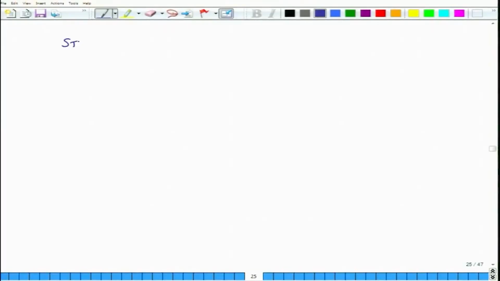So, this is known as the standard laminate code.